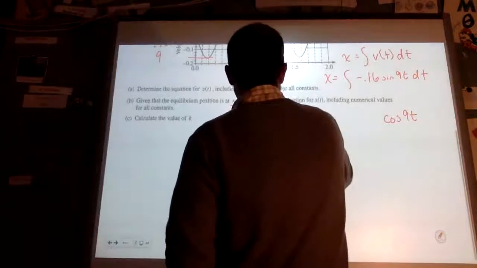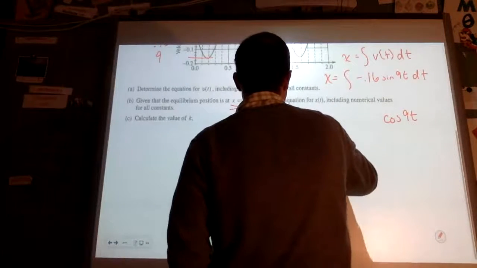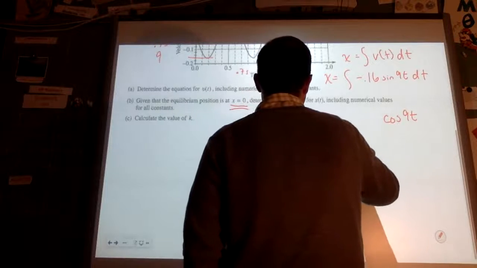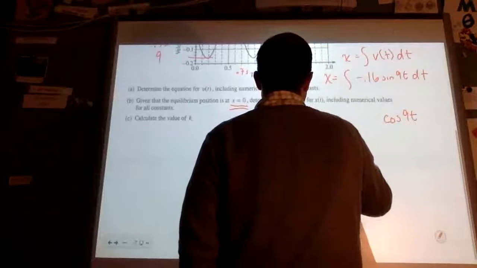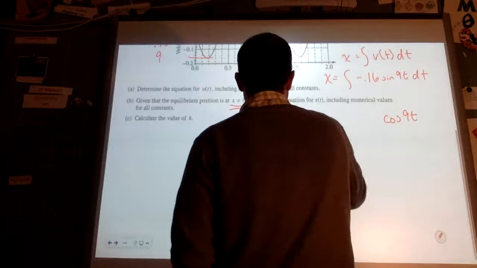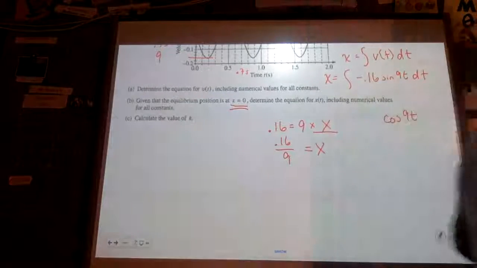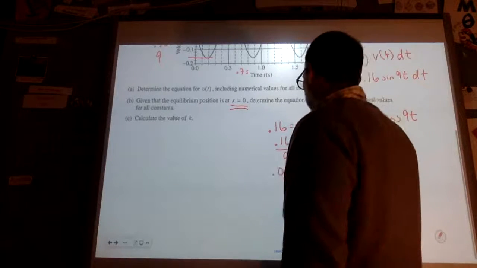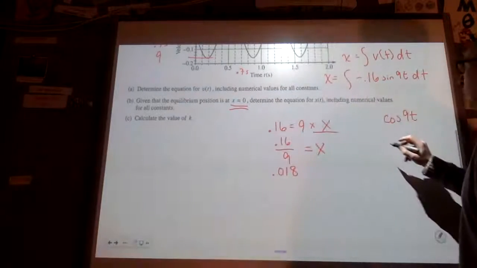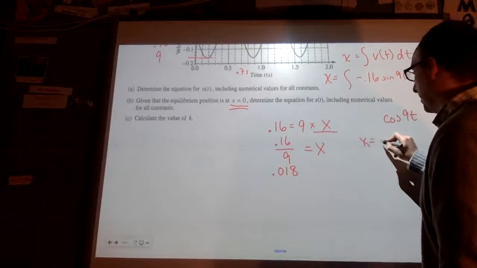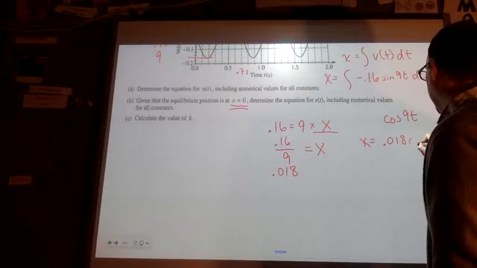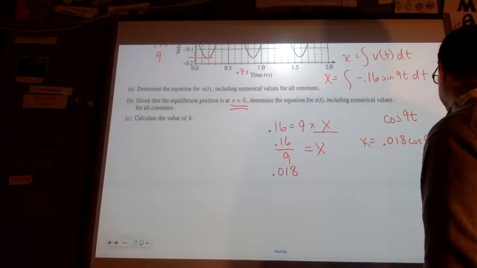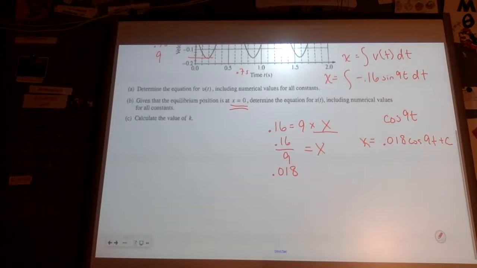0.16, if that makes sense. So I want it to end up being 0.16. I know that it's going to be 9, and it's going to be 9 times something. And so this x that I should put in front of it should be 0.16 divided by 9. So it's about 0.018. All right, so x is going to be equal to 0.018 cosine of 9t plus c.